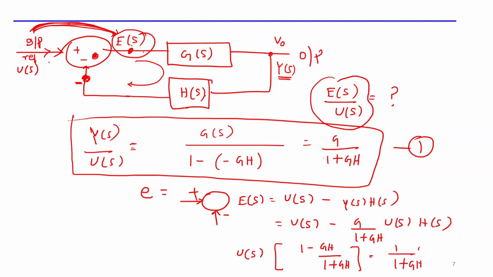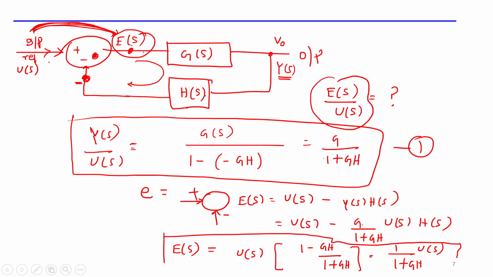So this is your E of s. The same answer is coming. So you can find it this way, and you can directly find it using Mason's formula in one line. That's what I'm saying: if at any point you want to find the transfer function, you can find it, no problem.